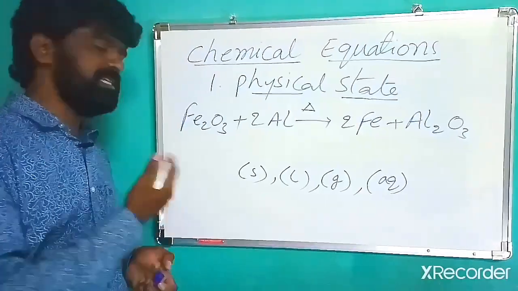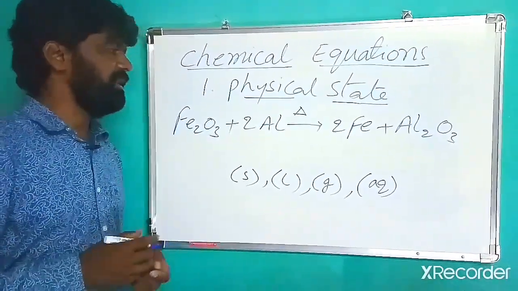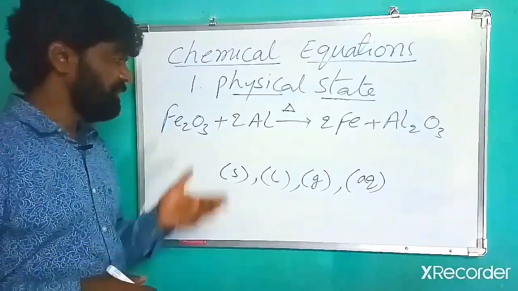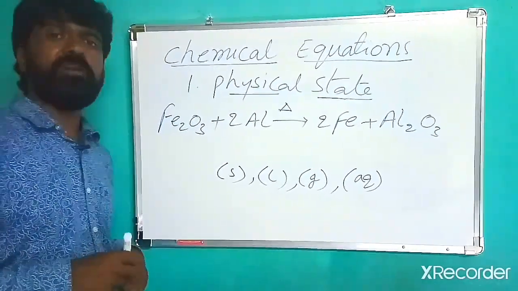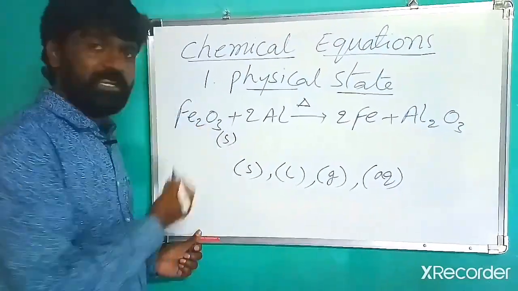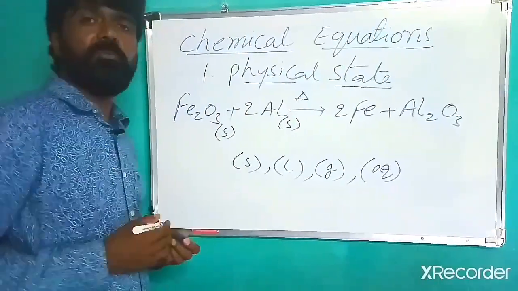For example, take this equation: Fe2O3 plus 2Al gives 2Fe plus Al2O3. In this balanced chemical equation, the reactants are solids, so I represent them with the notation S. Here also it is S. And what about the products?